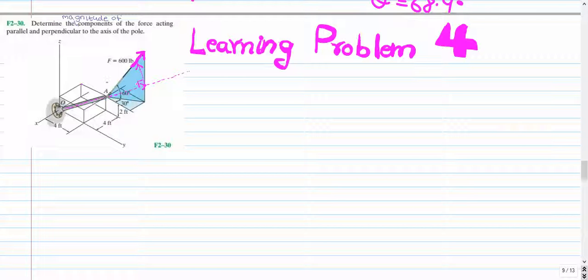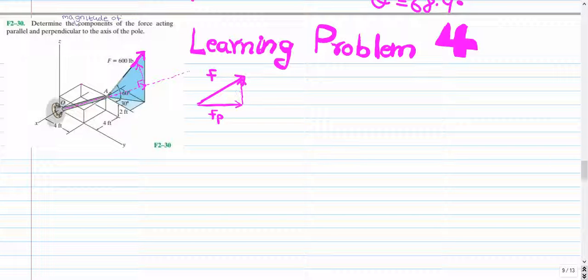Alright, so let me redraw this right angle triangle here in order to make it more clear. This is our force F, while this is the component parallel to the axis of the pole. Let's call this FP, and this is the component perpendicular to the axis of the pole.